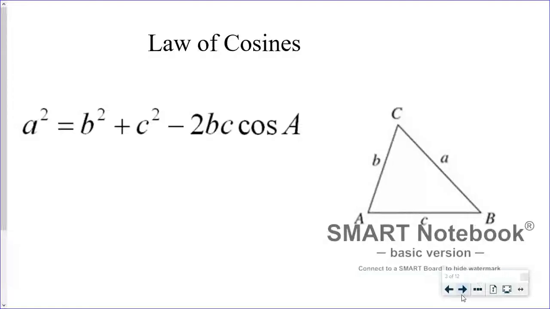All right, so here is the formula for law of cosines. We have a squared is equal to b squared plus c squared minus 2bc times the cosine of angle A, right?